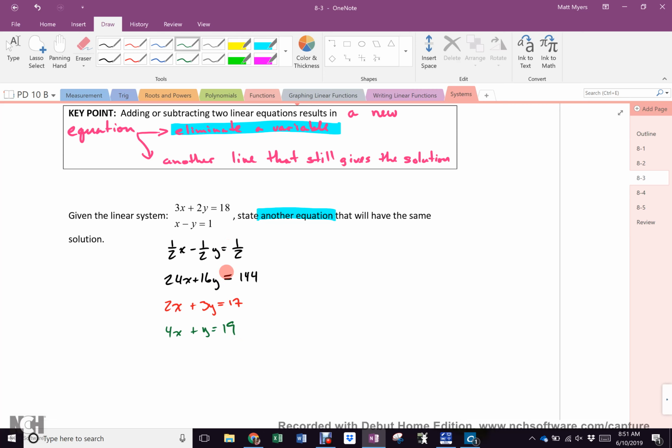By multiplying them, right? I multiplied this one by 1/2. I multiplied this one by 8. All of that is good. Everybody understand? Now let me ask you this. Did any of those options allow us to eliminate anything? No. Keep that in your head.